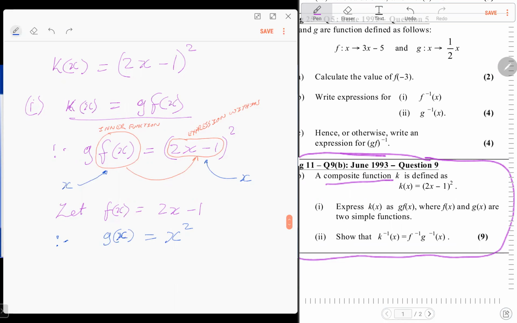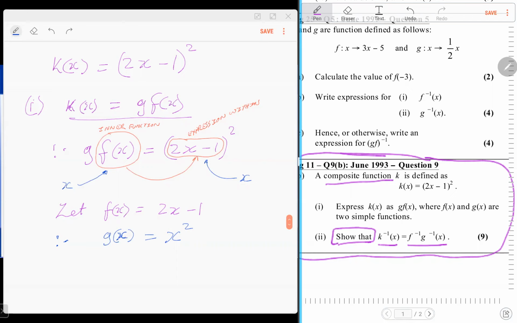Okay. So the next part now I want to do with the question is to show. I remember the show method for the inverse of a composite function is a long method because you have to work out what this side equals, and you also have to work out what this side is equal to. All right, it's a long process. To do this show method, you have to work out the left side and the right side and show that they are the same.